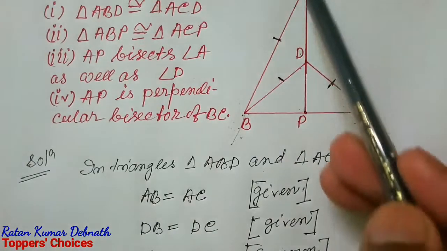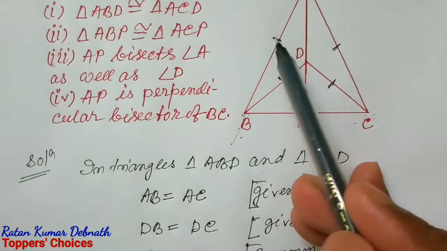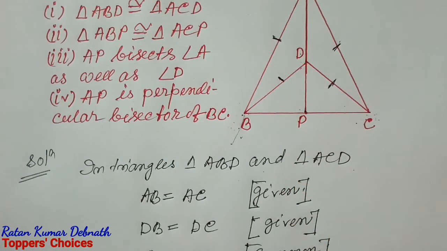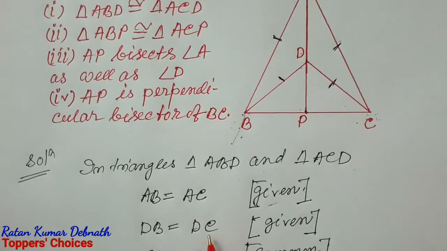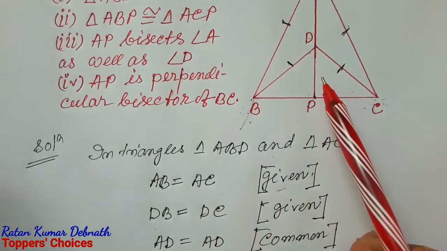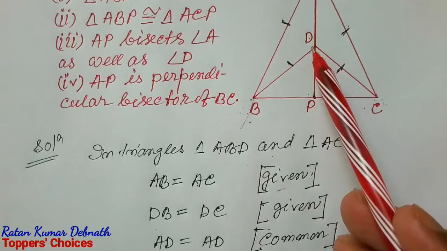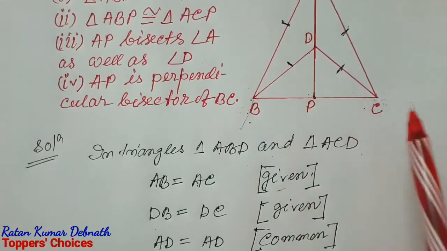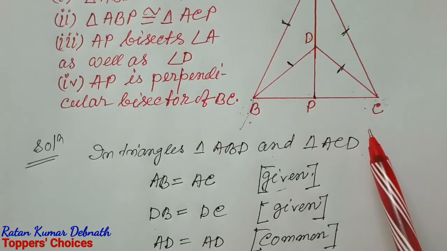Because ABC is an isosceles triangle in which this side equals this side. It was given. Next criteria, I have written DB equals to DC. Also, it is given that DBC is an isosceles triangle.